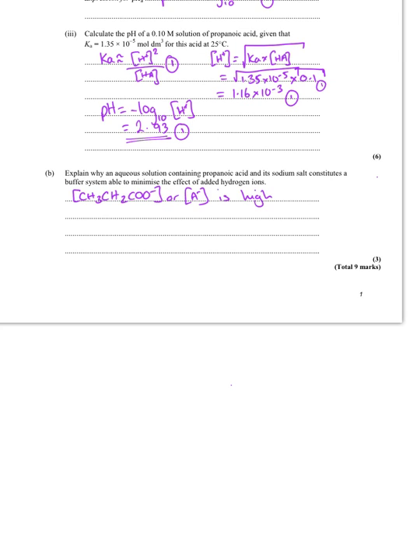And that's important, there's a really high concentration of that. If you add a small amount of H+, the H+ will react with the CH3CH2COO-, and the position of equilibrium of the acid can change to accommodate that.